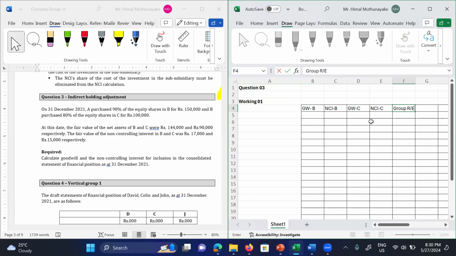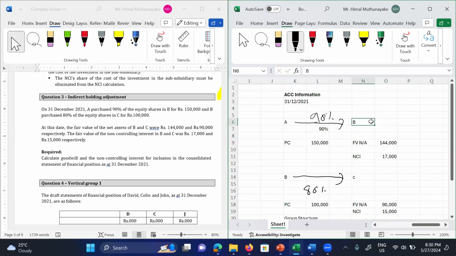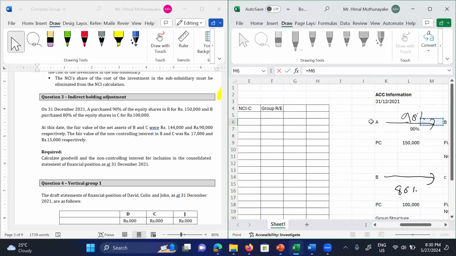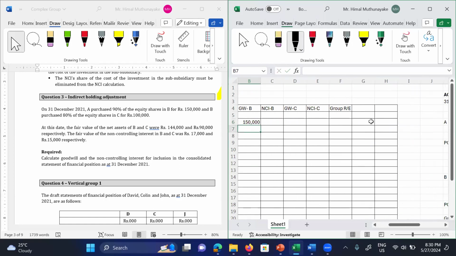So first I'm going to calculate the goodwill of company B. That means the first business combination. I'm going to calculate the goodwill of this combination. Purchase consideration we have taken is 150,000.